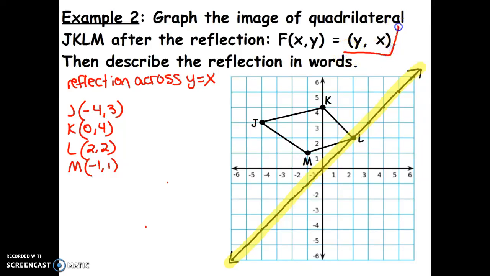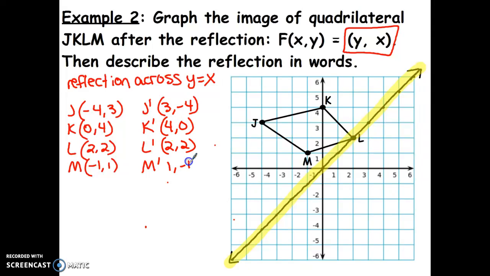Now, we know that our ordered pair is going to end up looking like this. We're swapping the x and y coordinates. So instead of (-4, 3), it's going to be (3, -4). (4, 0), (2, 2), and (1, -1). So all we have done was just swap the x and y coordinates.